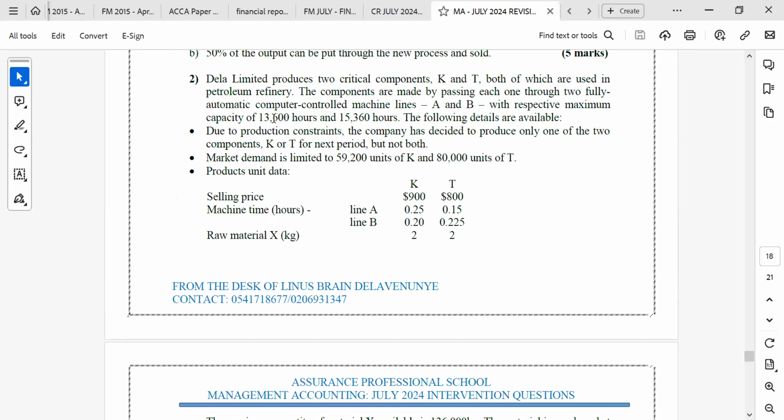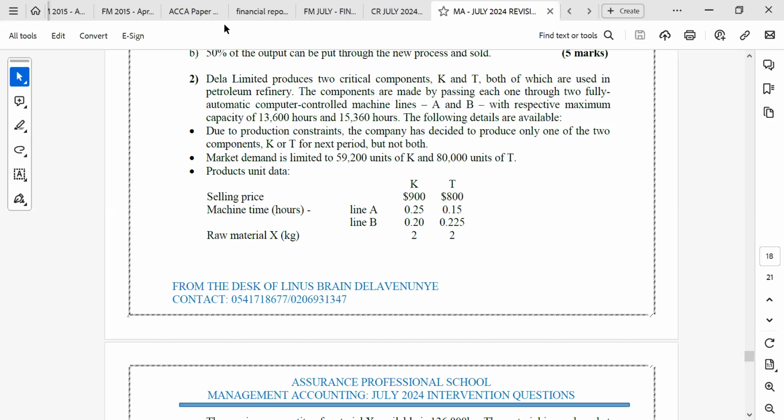So we cannot produce all the 59,200. What we are going to do is calculate the contribution from each of them, then pick the one that gives us the higher contribution, then we move on.